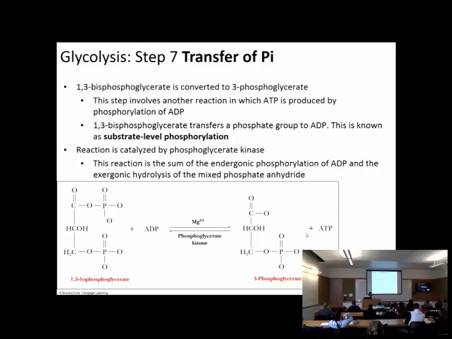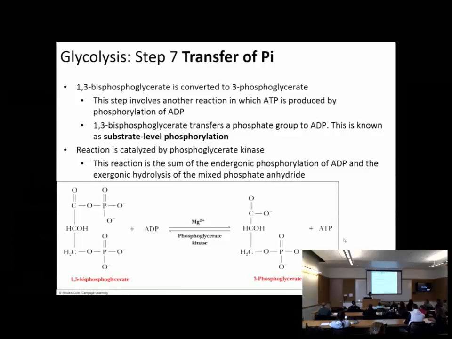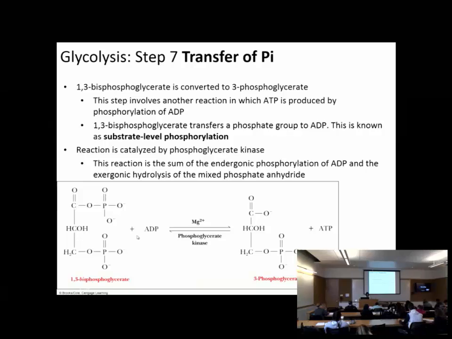So ATP has a lower phosphate group transfer potential, 49.3 to 30.5. So by taking off the phosphate from 1,3-bisphosphoglycerate, you get out 49.3. By putting it on the ADP to make ATP, you have to put in 30.5 kilojoules per mole.